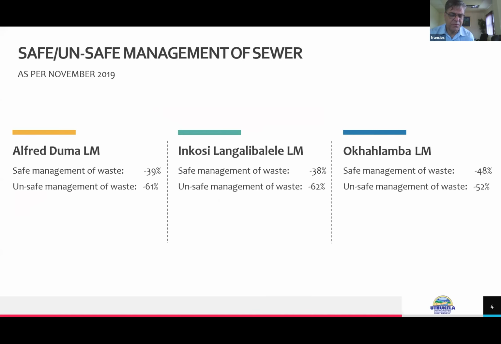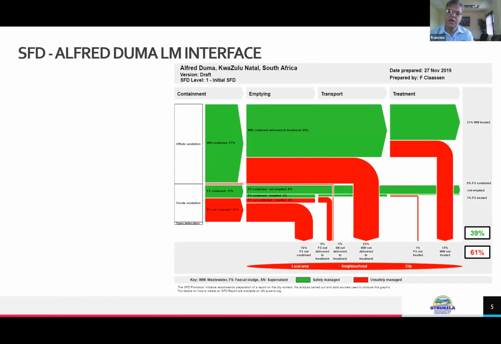Okotlamba is 48% safe and 52% unsafe management of waste, due to the fact that the Okotlamba region has a lot of septic tanks and road haulage. They are not really connected to a sewer system, and therefore it is very difficult to deal with that. Now, this is just a graphical representation of our SFD graph.